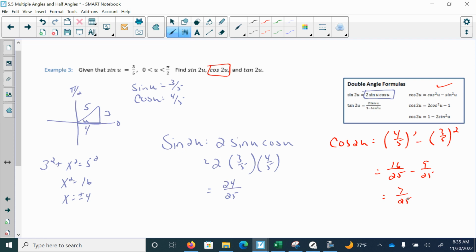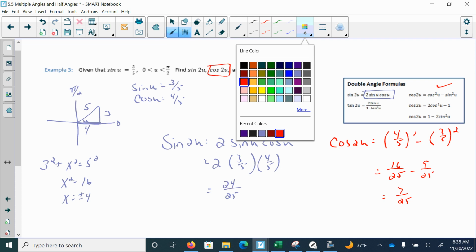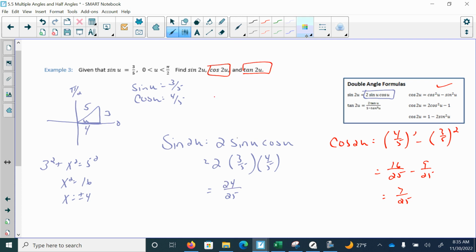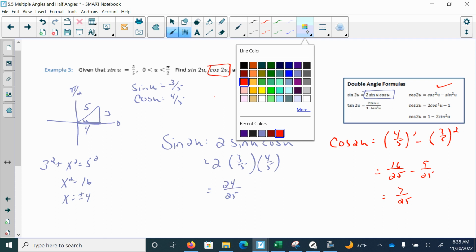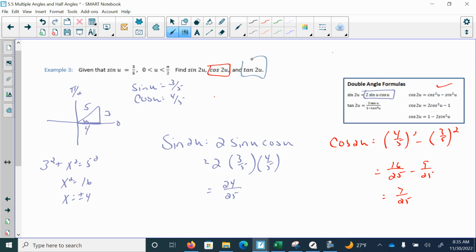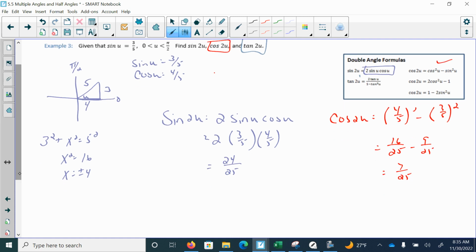Now to find the tangent, I'm going to switch colors. I'm going to use the formula the first time and then show you the trick. The formula would be this formula right here. I didn't write it down here, but the tangent is the opposite, which would be 3, over the adjacent, which is 4. So for the tangent of 2u, I'm going to take 2 times the tangent of u, so 2 times 3/4, and divide that by 1 minus my tangent squared.